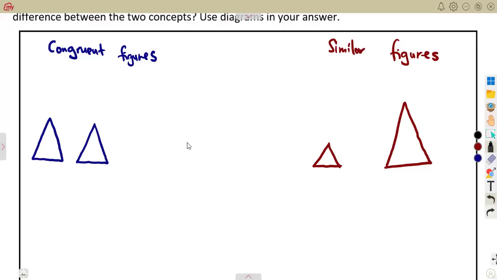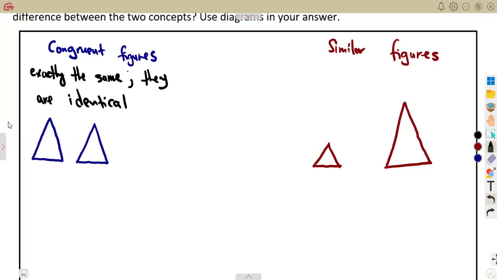The congruent figures are exactly the same, meaning they are identical.